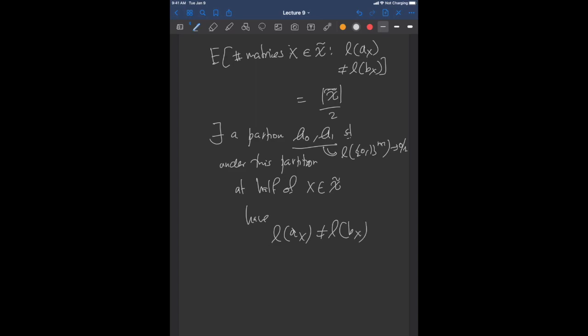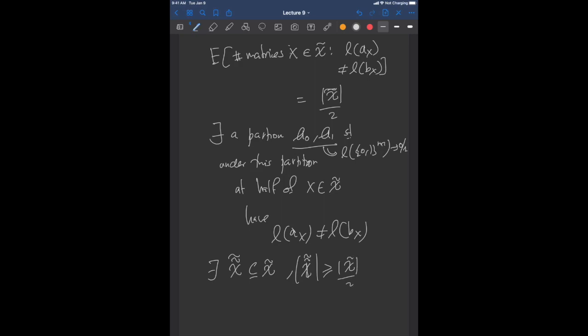So just by this simple analysis, we know that there exists some subset. This is why I said the notation is getting uglier by the minute. X tilde tilde, a subset of x tilde, where the cardinality of x tilde tilde is at least cardinality of x tilde by 2.